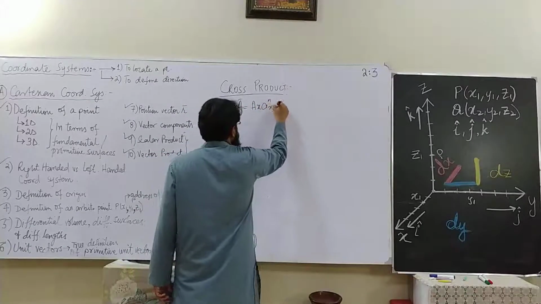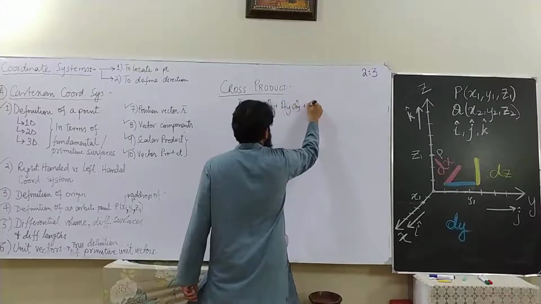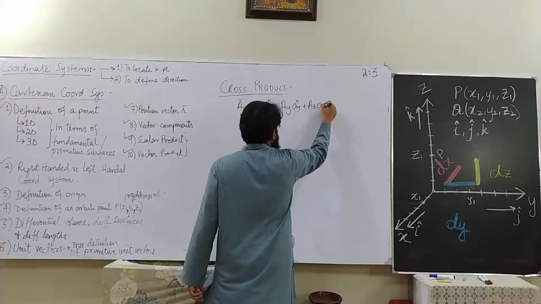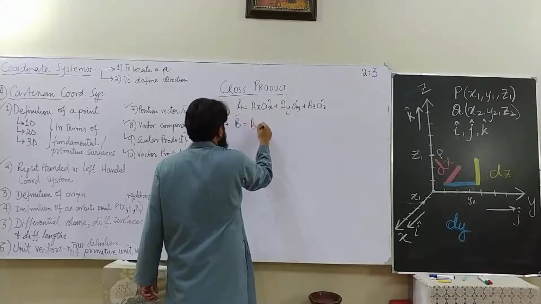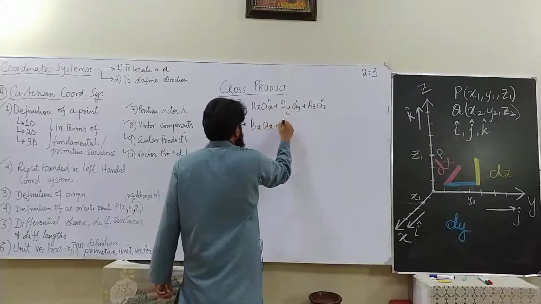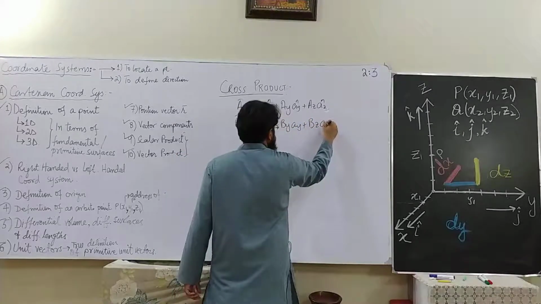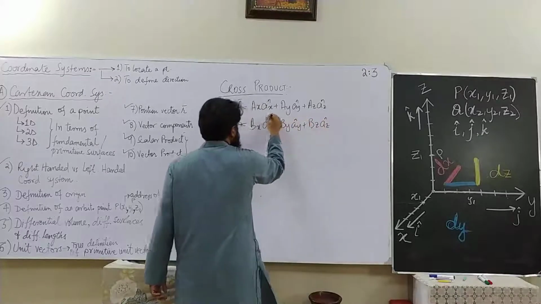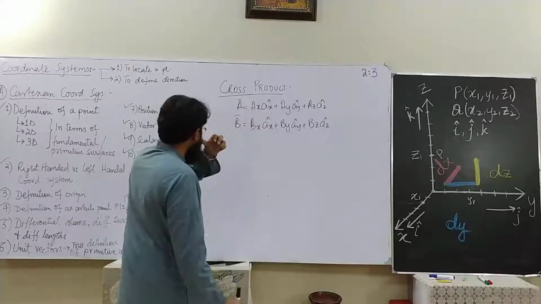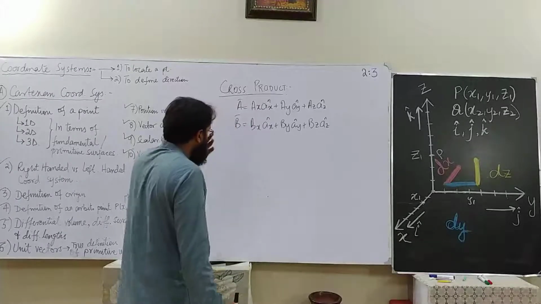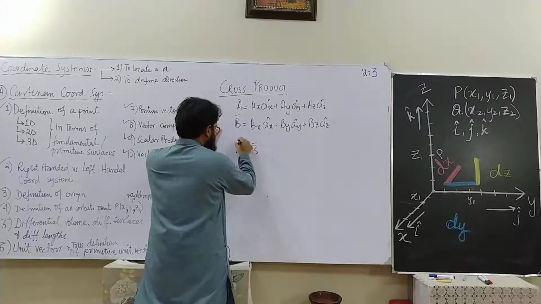Let's say we have got two vectors represented in terms of their vector components, and we want to find the cross product.